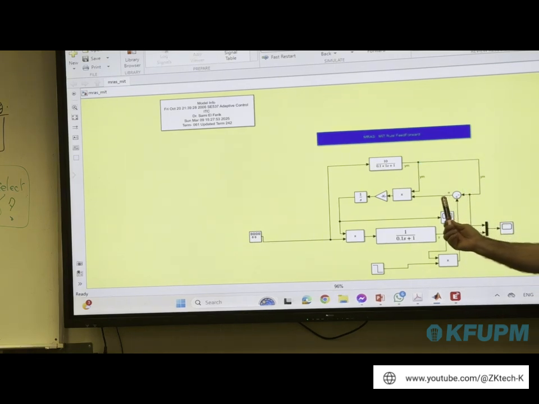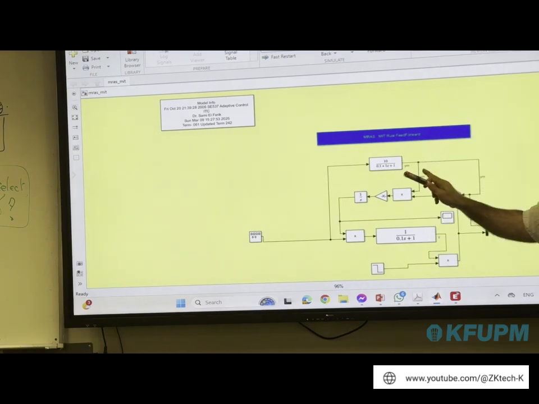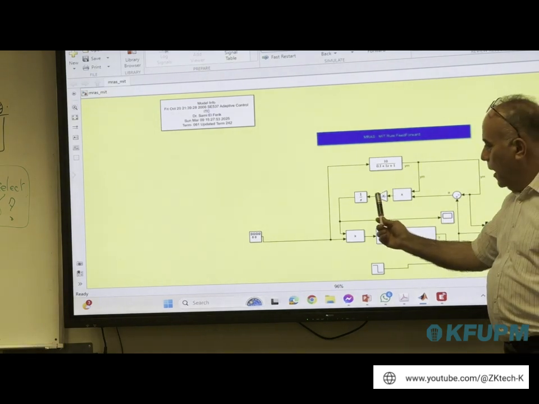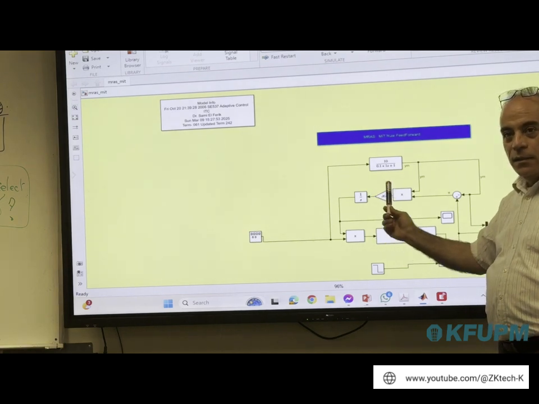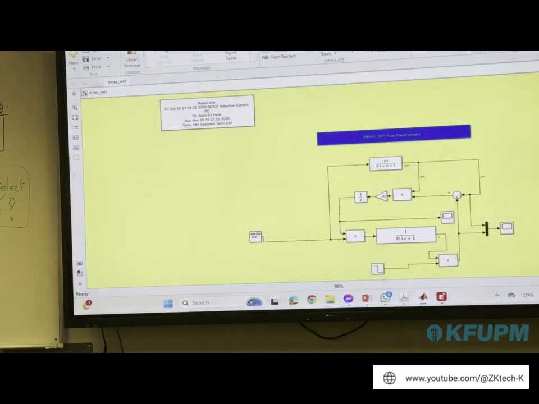So y minus ym, this is the error. Then I'm multiplying this by ym, so this is e times ym. Then I'm multiplying this by gamma. This is the gain gamma.